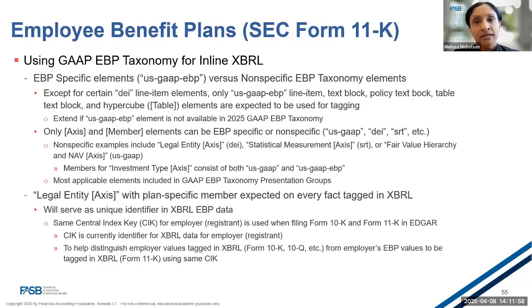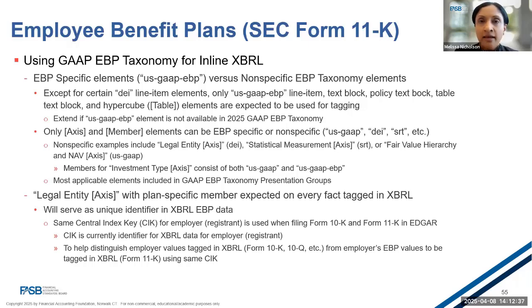Now, the last point on this slide relates to the use of the legal entity axis with a plan-specific member. That is expected to be used on every fact to be tagged in XBRL for the Form 11-K. And that is essentially going to serve as the unique identifier in the XBRL EBP data. The reason for that is that the central index key, or the CIK, for the employer or the registrant is currently used when filing both the Form 10-K and the 11-K.